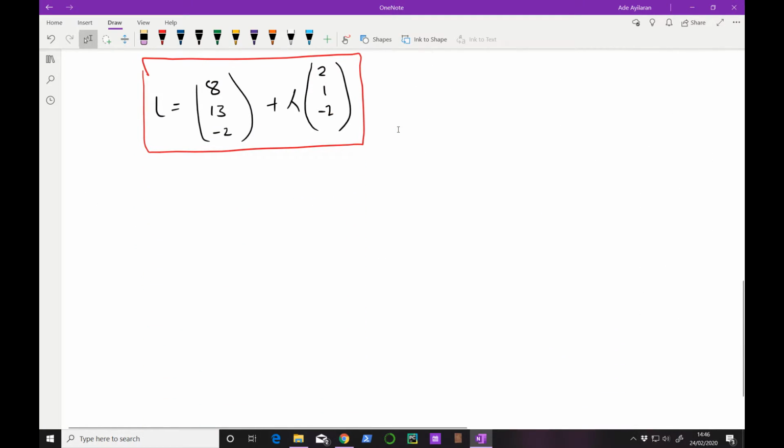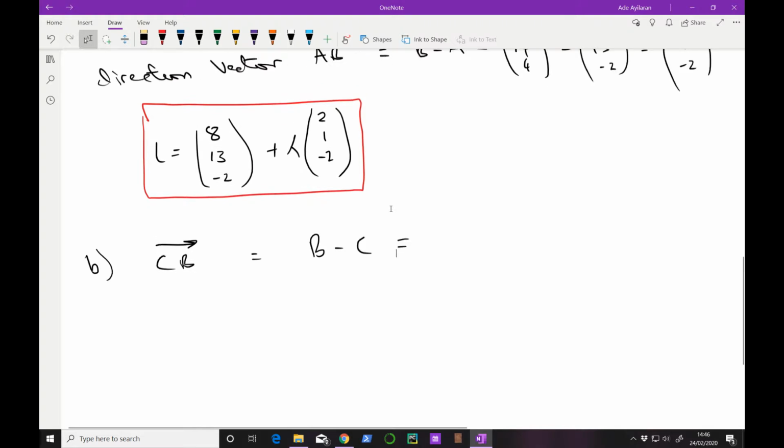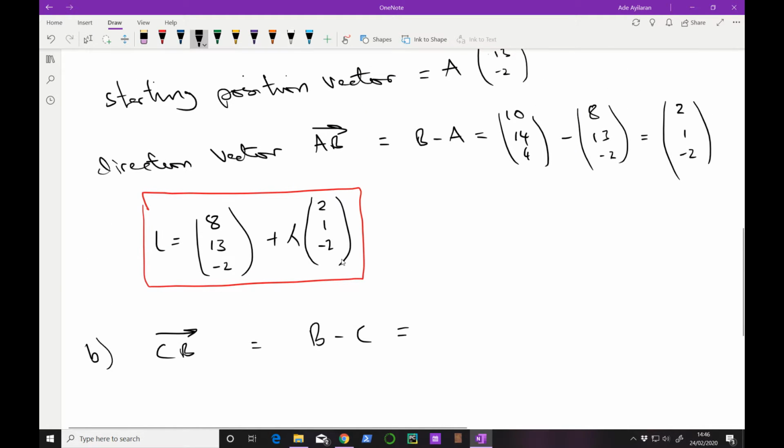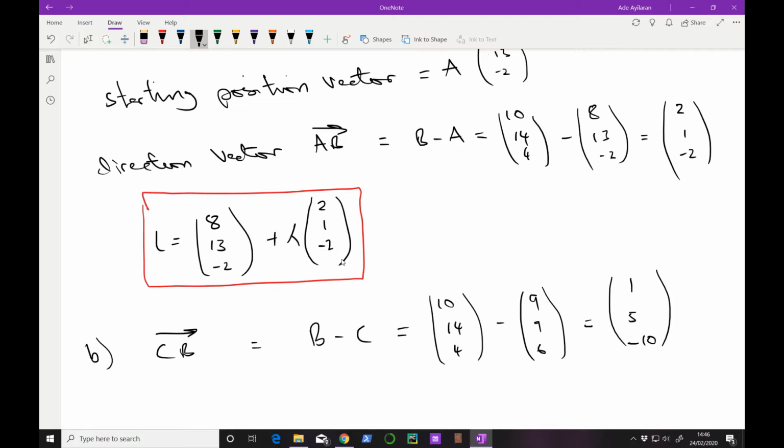Okay, so CB is simply going to be B minus C, and that is going to be 10, 14, 4 minus 9, 9, 6, which gives me a direction vector of 1, 5, minus 10. That's all well and good.